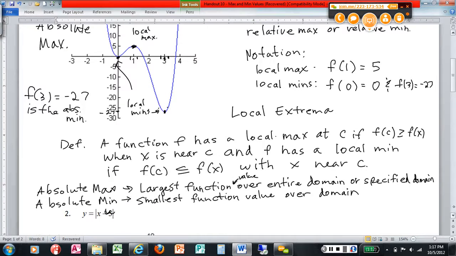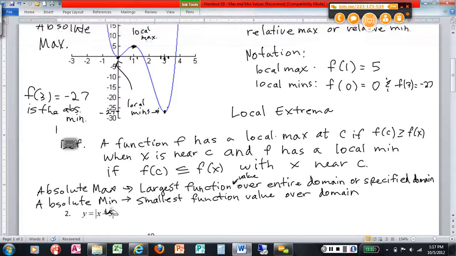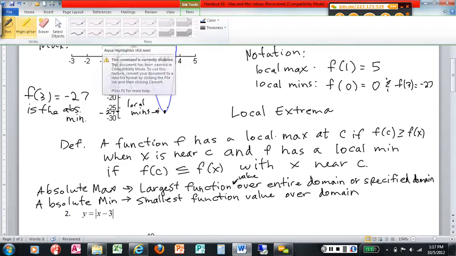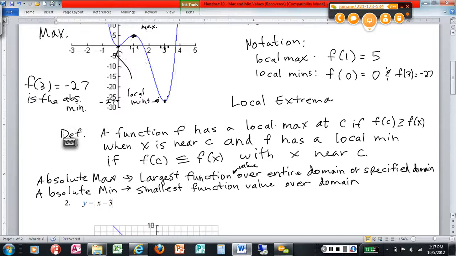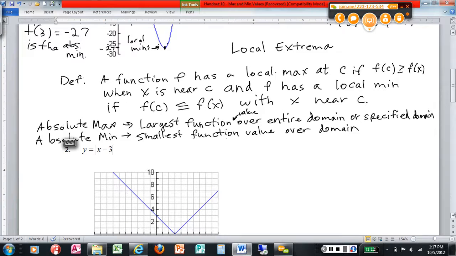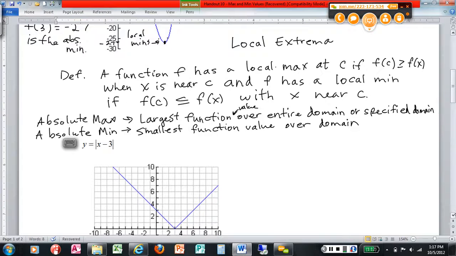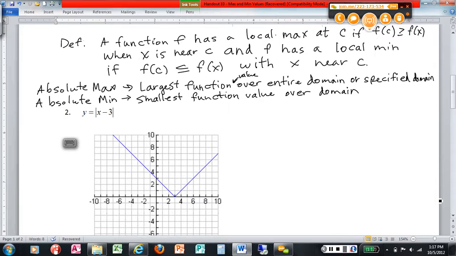All right, now, on number 2 there, which got a little scribbling, let me see if I can erase that and then get back to my pen. Okay. So what about number 2 here? Well, let's first of all talk local extrema.